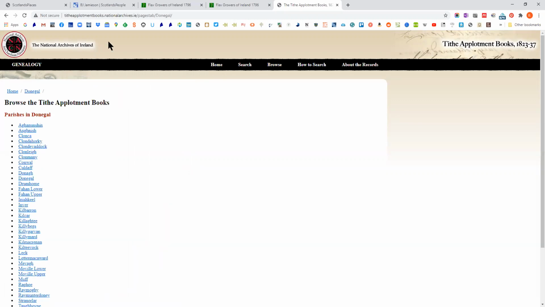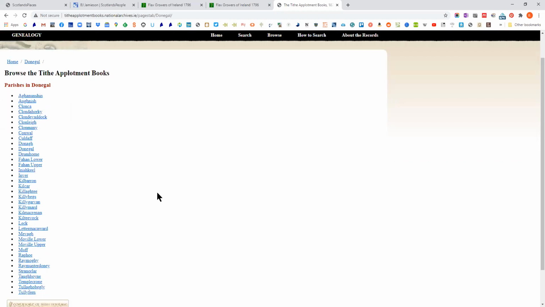And I'm at the National Archives of Ireland webpage. So there's no Northern Ireland counties here. You'd have to go to the Public Record Office of Northern Ireland. So let's look here at, no, it doesn't really matter.